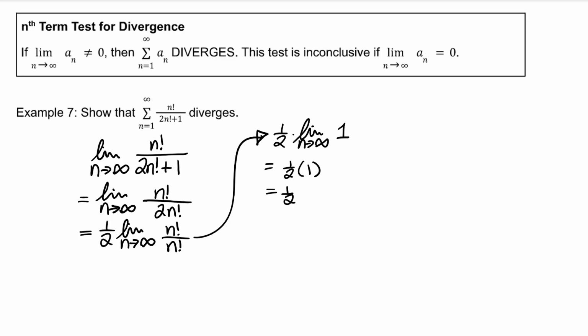Guess what? The limit of the corresponding sequence is not 0. Therefore, the corresponding series diverges. How do you know it diverges? We used the nth term test. You could also call that NTT. The n is usually lowercase and the T's are capitalized.